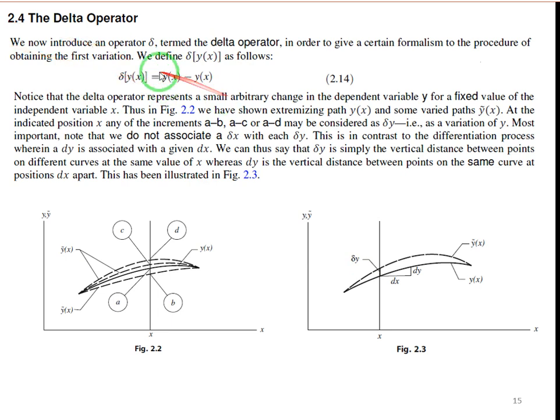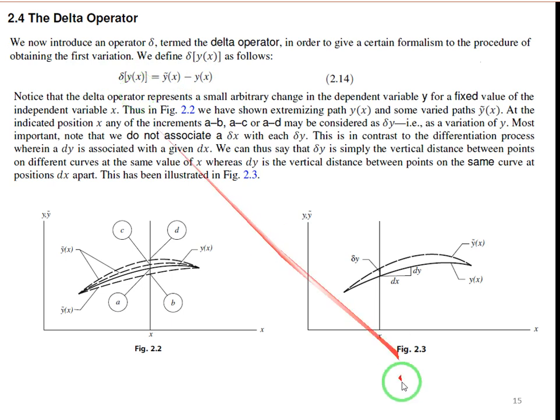So the difference between y tilde and y is delta of y. So delta of y of x can be said as a small arbitrary change in the dependent variable y.